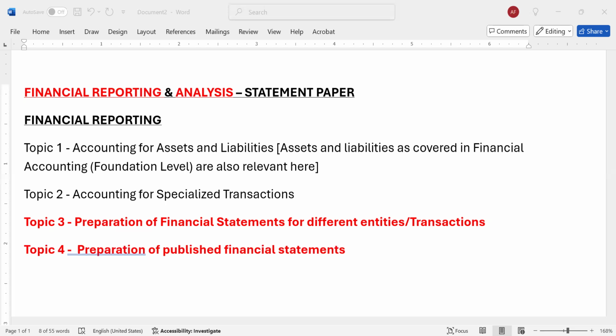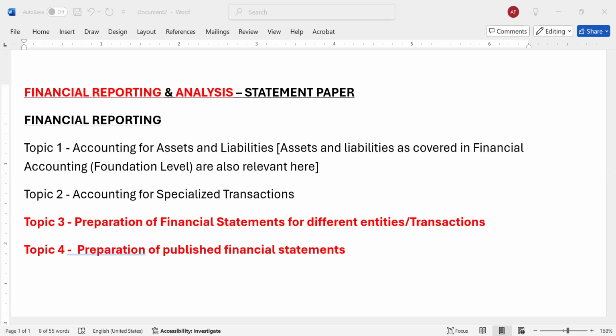So the topic of published financial statements is not all about income statements or the statement of financial position. You must be prepared when you read about discontinued operations, and when you read about events after the reporting period. These are some of the things that you must have at your fingertips anytime you are to talk about topic number 4 in financial reporting, where we read about preparation of published financial statements.